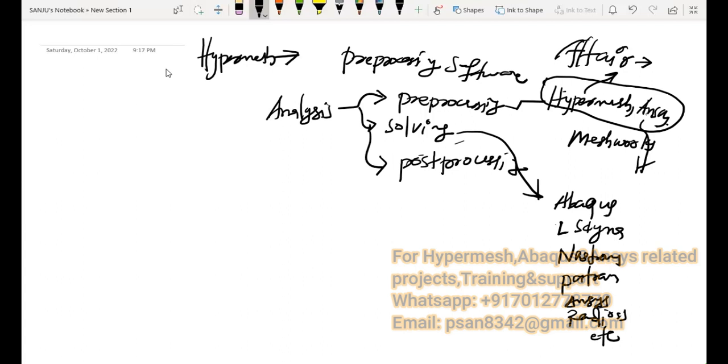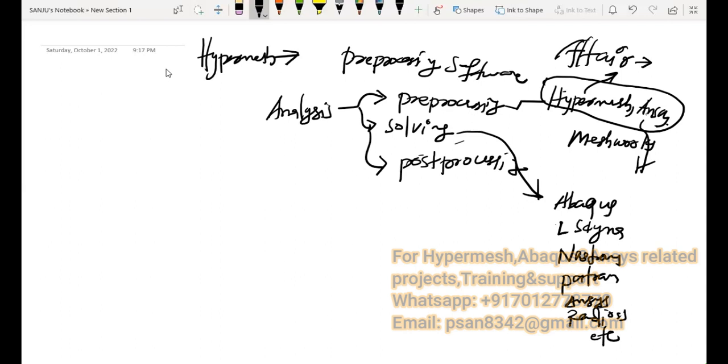We will be focusing mainly on the Abaqus solver, which is a very good solver having the capability to solve both implicit and explicit simulations.